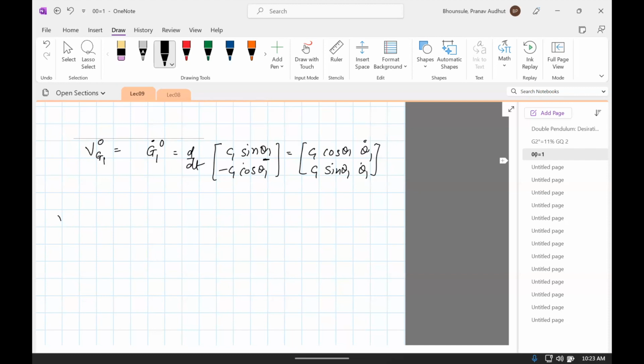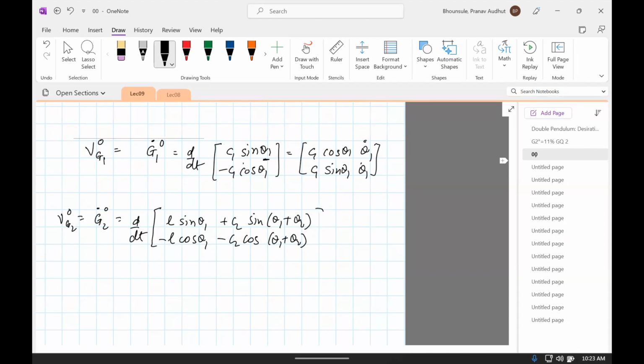Similarly, we need to compute VG2. That'll be G2 dot 0. So d dt of the long expression I wrote down sometime back: L sine theta 1 plus C2 sine theta 1 plus theta 2, L cosine theta 1 minus C2 cosine theta 1 plus theta 2.